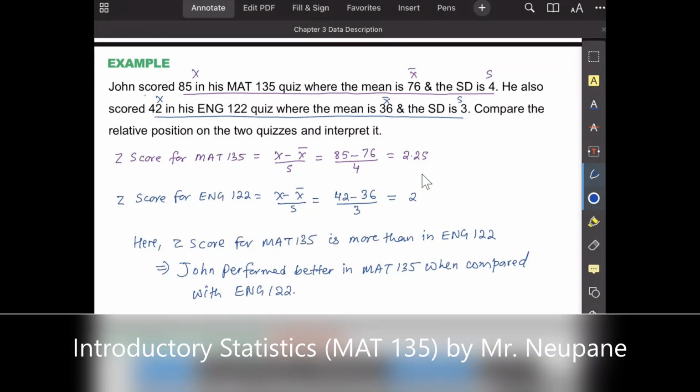If the z-score is more, that's a better relative position, meaning he's performing well in that one. Here the z-score for Math 135 is greater than for English 122, so John performed better in Math 135 when compared with English 122. Any questions on this one? No? Okay.